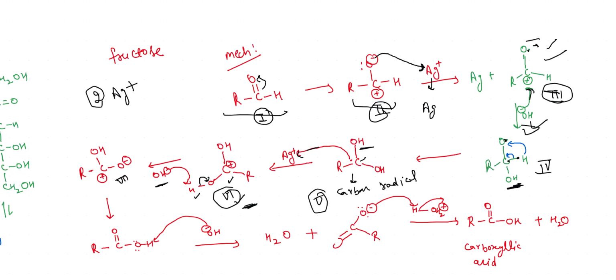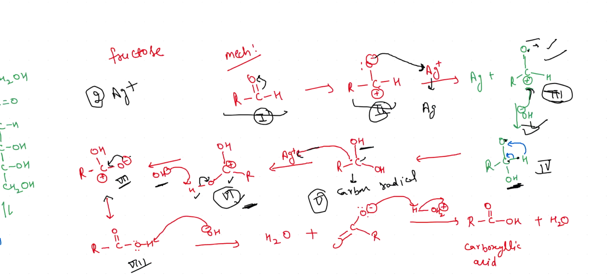Again, intermediate 7 will get protonated to form intermediate 8. Now these electrons will shift back to carbon, because the carbon has positive charge and oxygen has negative charge. There is formation of a double bond between carbon and oxygen, thus forming carboxylic acid.